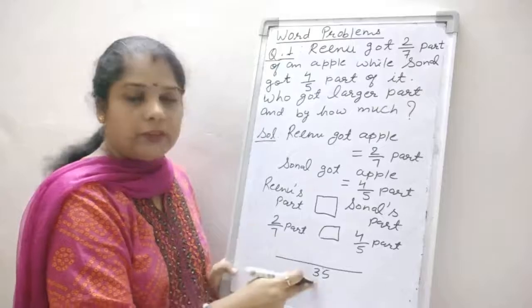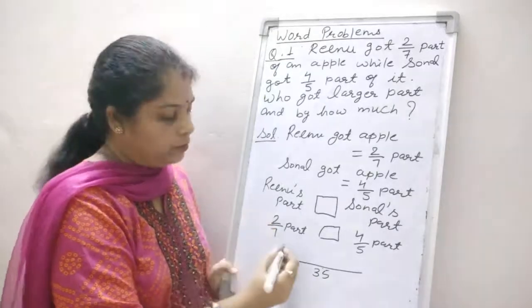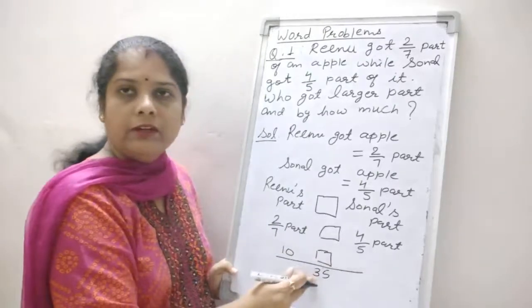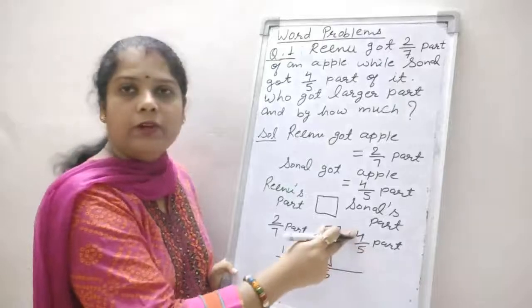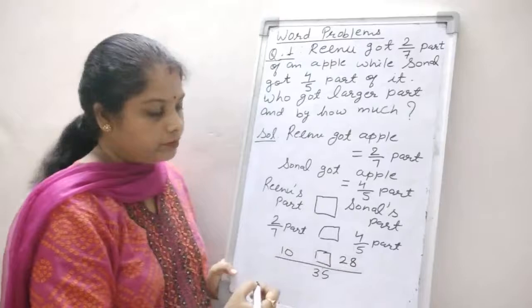Now 7 fives are 35 and 5 will be multiplied by 2. 5 twos are 10. Now 5 sevens are 35 and 7 will be multiplied by 4. 7 fours are 28.